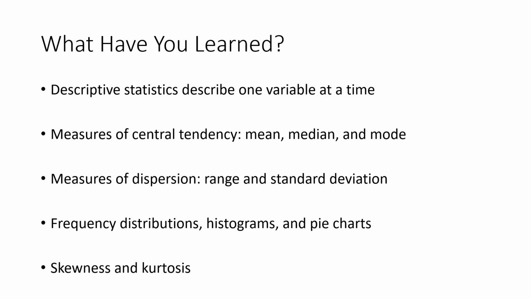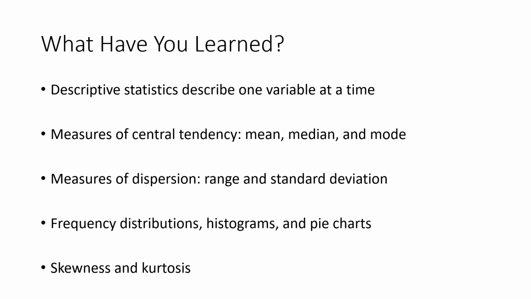And in particular, we focused on a series of descriptive statistics that can be described as either measures of central tendency or measures of dispersion. So measures of central tendency include the mean, the median and the mode, where the mean is the arithmetic average, the median is the exact center of a distribution, and the mode is the most commonly found score in a distribution.